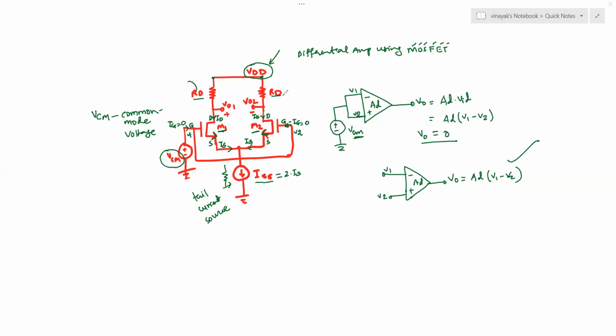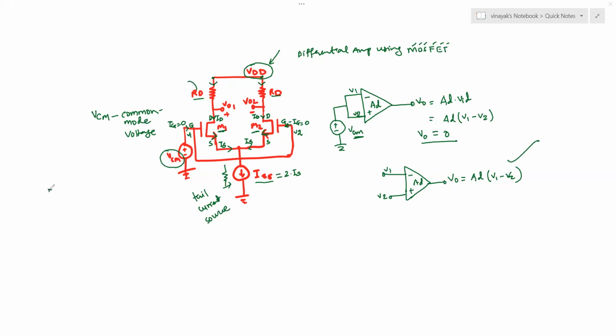So the current that is being taken from the circuit consisting of resistor and the MOSFET, essentially that current flows through transistors M1 and M2, which is a drain current, and drain current is equal to the source current.